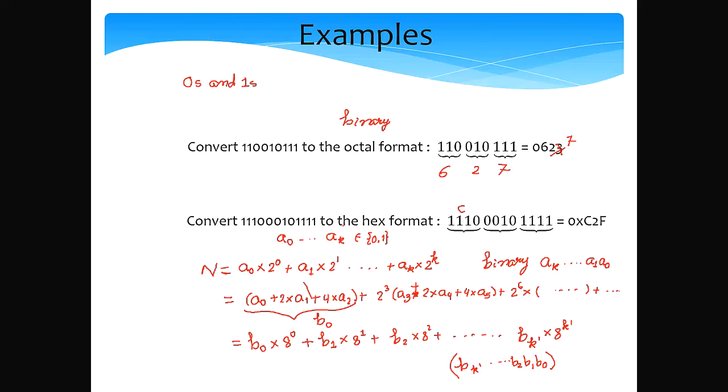Instead of representing them as ones and zeros, we can, at least while writing or while programming, represent them as hexadecimal digits, where we group digits into blocks of 4, and each block is replaced by a hexadecimal digit. Similarly, when we need to expand a number in the hexadecimal notation to a number in the binary notation, all that we need to do is take each of these digits and replace them with 4 binary digits, and we will have the binary notation.